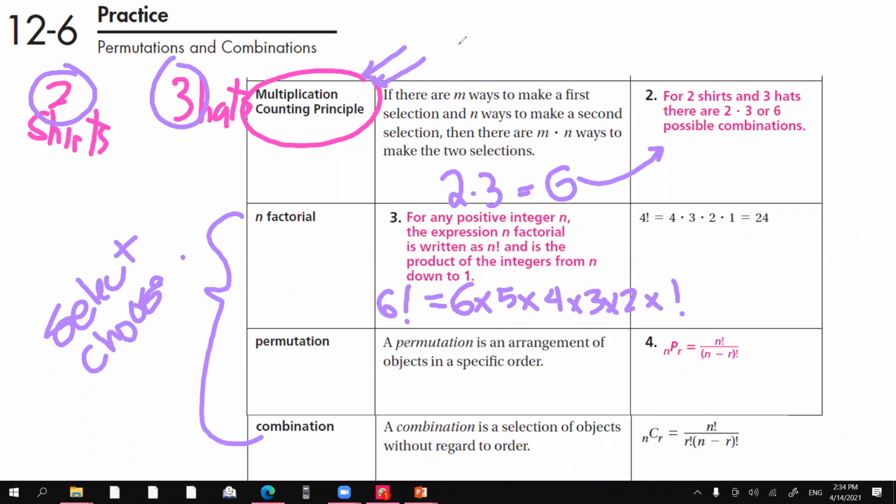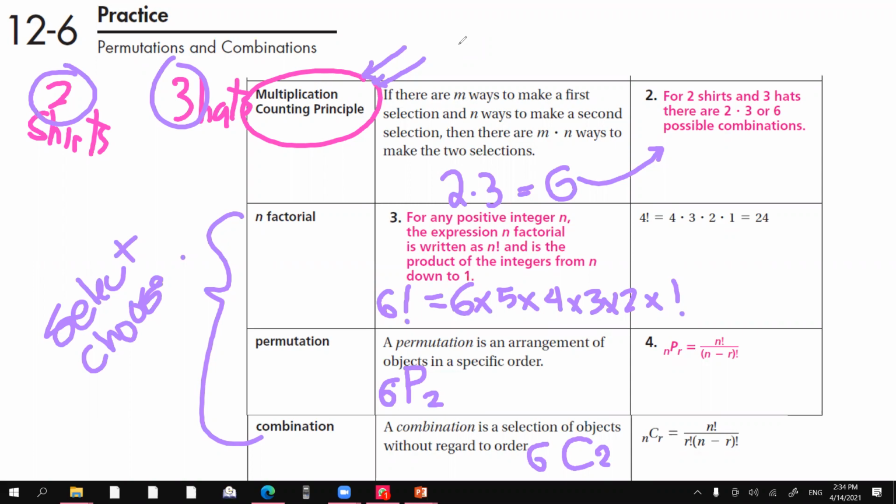Now, if I have the 6 books and I want to read 2 of them only, but in order, I will use the permutation. But if I want to read 2 of the 6 books without order, I will use the combination.